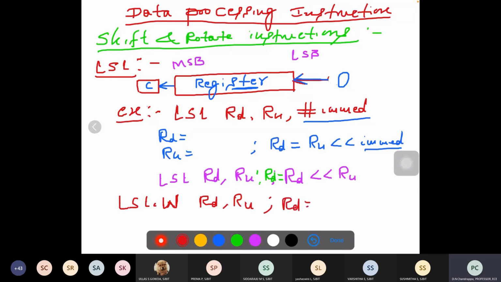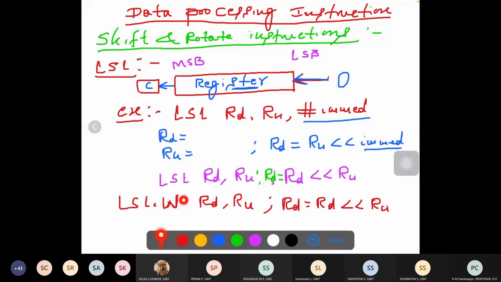By the time, please consider LSL.W. The operands are as usual, RD comma RN.